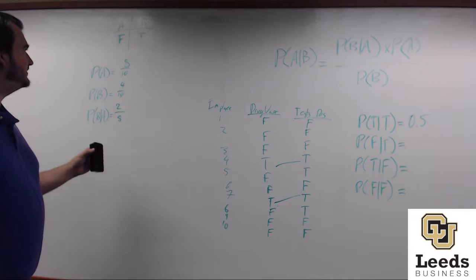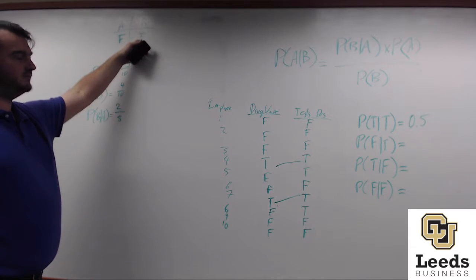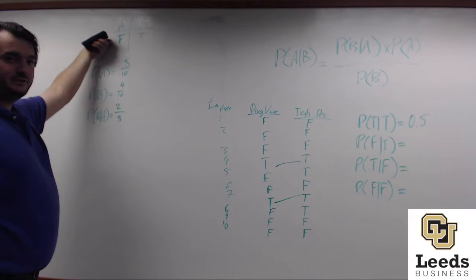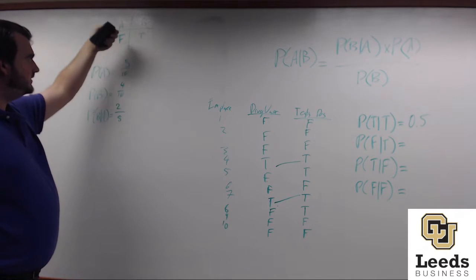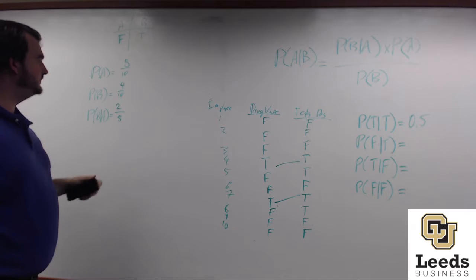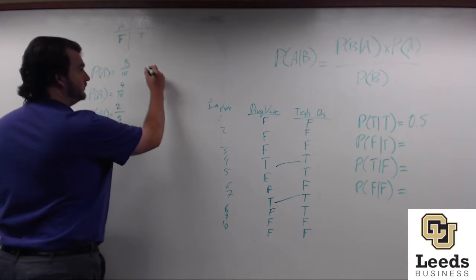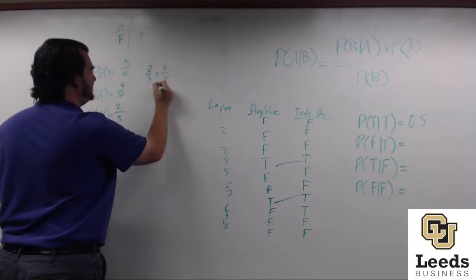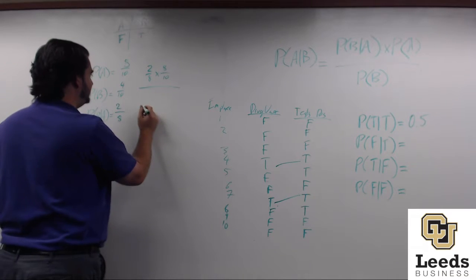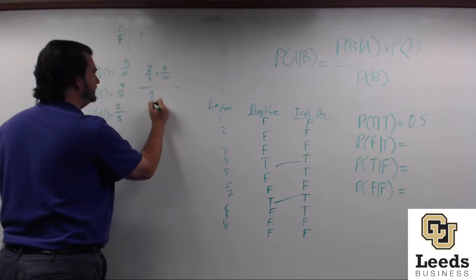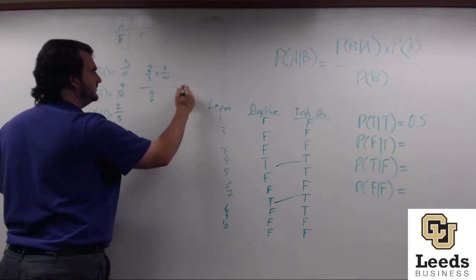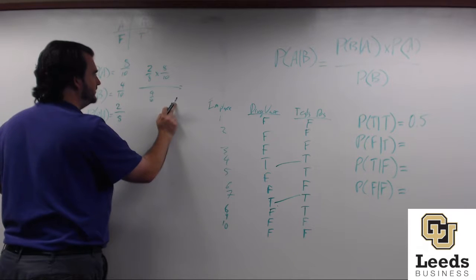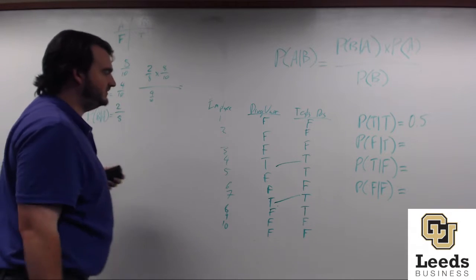So of the 8 times that someone was not actually a drug user, the test said they were twice. So, put this back into the theorem. We have 2 out of 8 times 8 out of 10 divided by 4 out of 10 is equal to 0.2 over 0.4 is equal to 0.5.